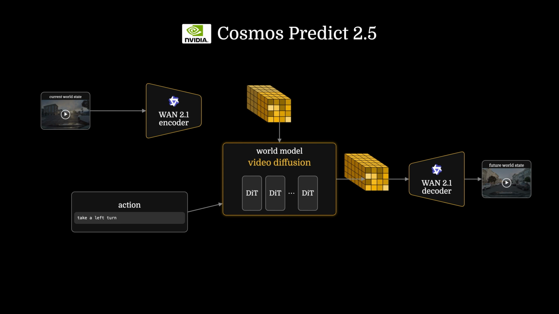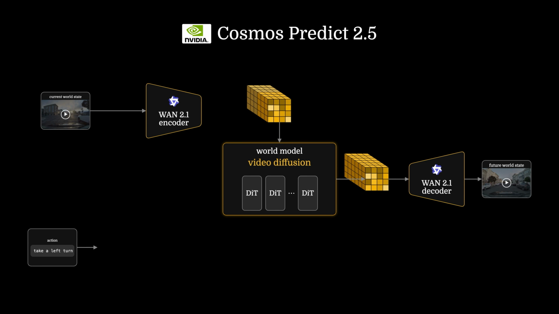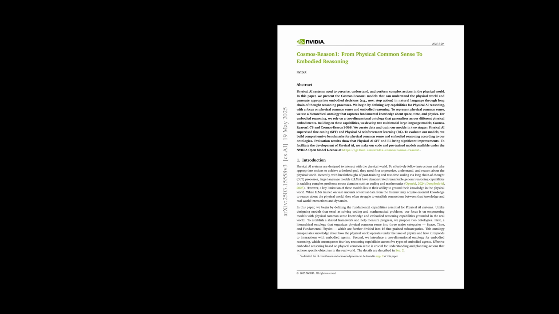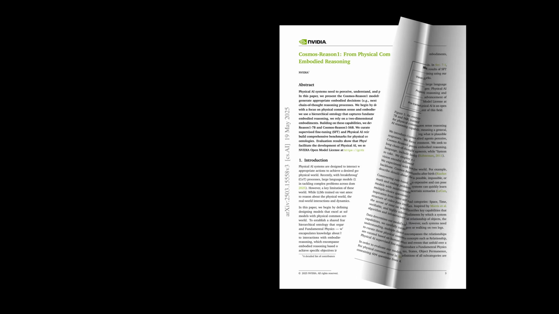Cosmos Predict also makes a few architectural tweaks. For instance, it swaps out the standard off-the-shelf text encoder with Cosmos Reason, the visual language model from the same family. Normally, Cosmos Reason takes in an image and a text prompt, but in this particular setup, it will only exercise the text processing path. Just like the other models in the family, Cosmos Reason was also trained on highly curated data.